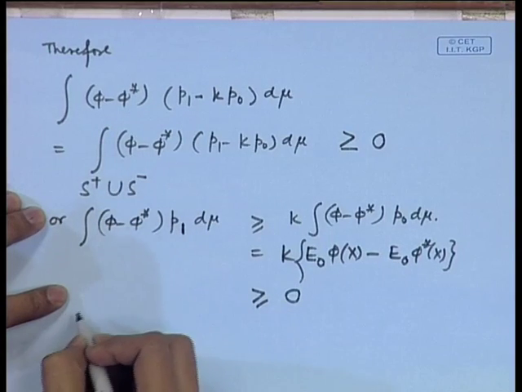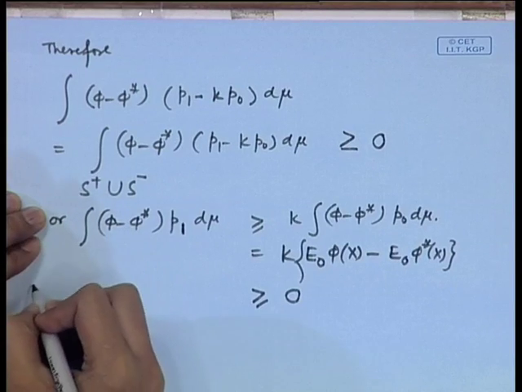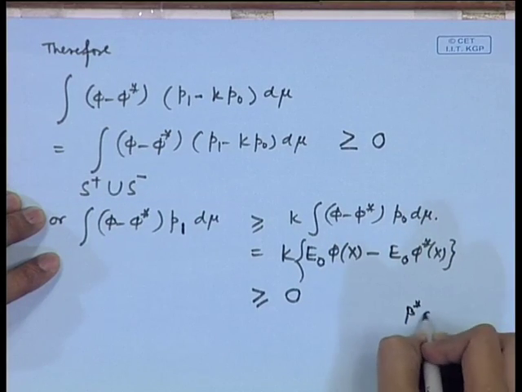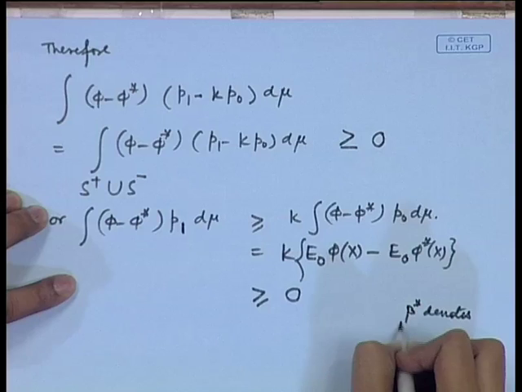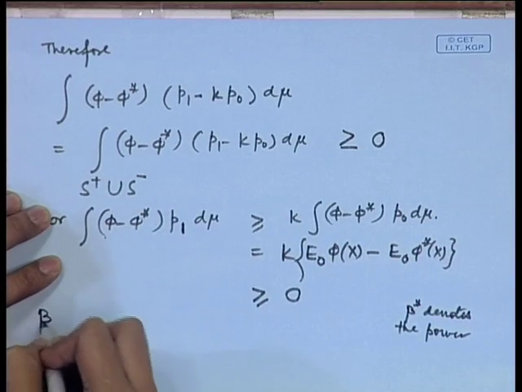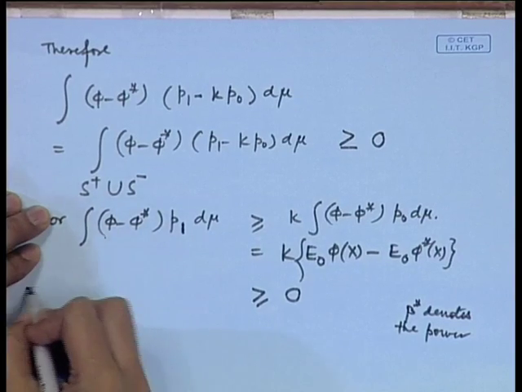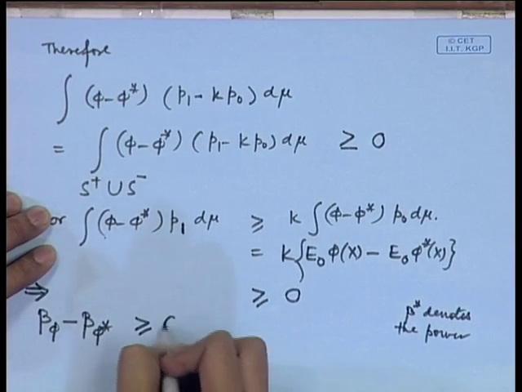So, we use the notation beta star for the power. Let me say beta star denotes the power function, then this is beta phi minus beta phi star, and this is greater than or equal to 0.